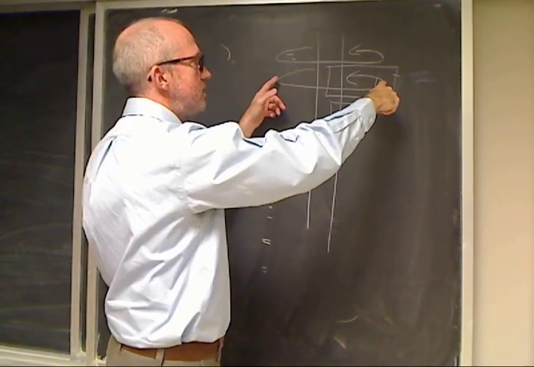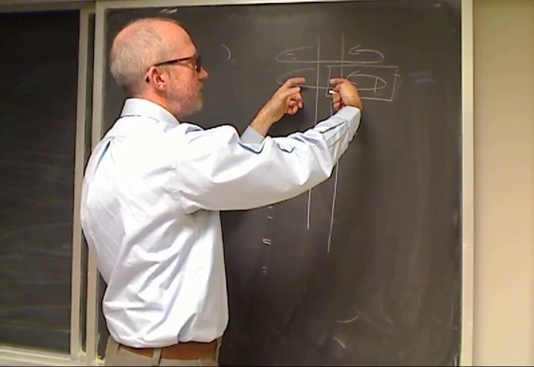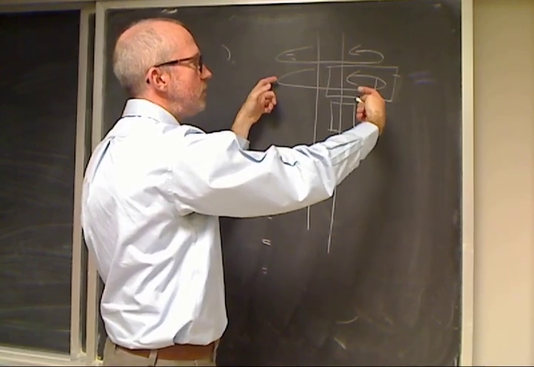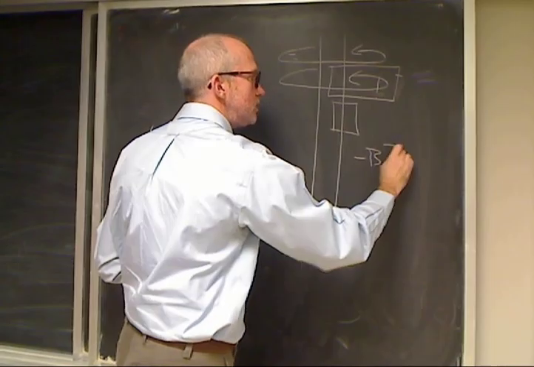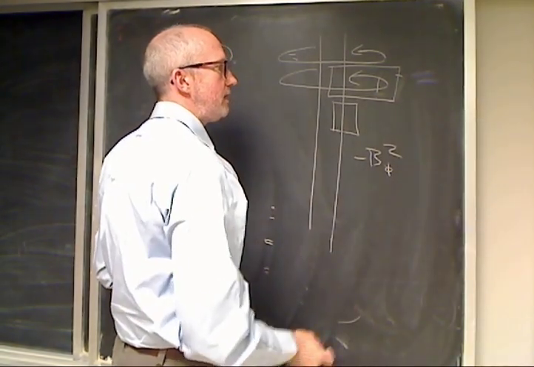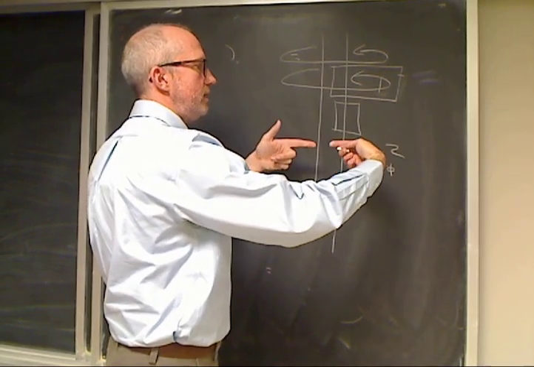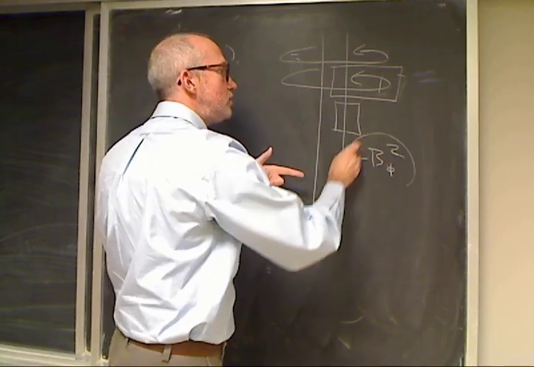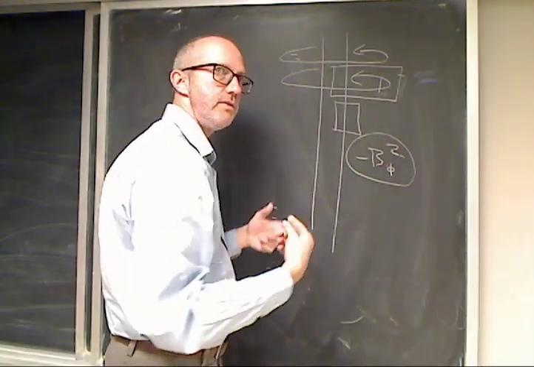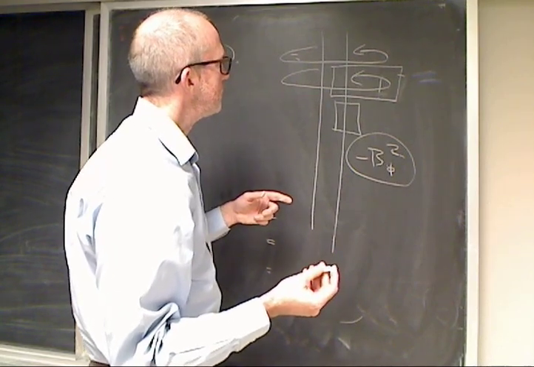So as I squish the column, the magnetic field goes up. And there's a term that looks like minus B phi squared, and this term is in opposition to the pressure. So as you radially contract the gas, the magnetic field goes up, the tension term goes up, and it starts to pull in even harder. Does that make sense?